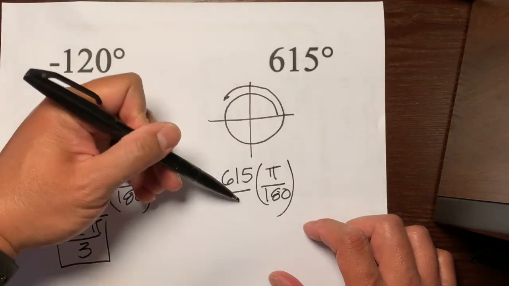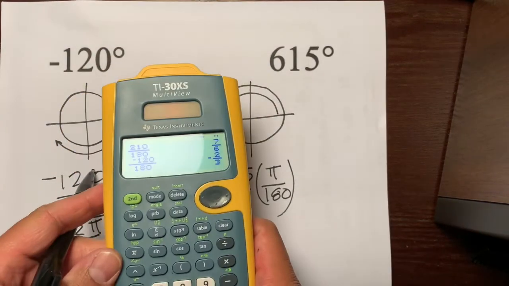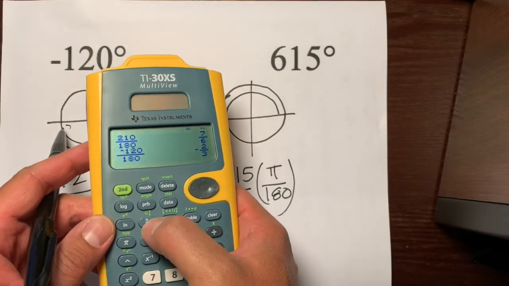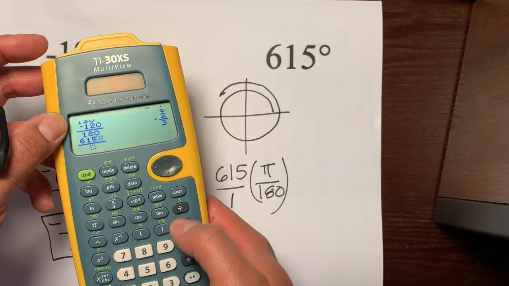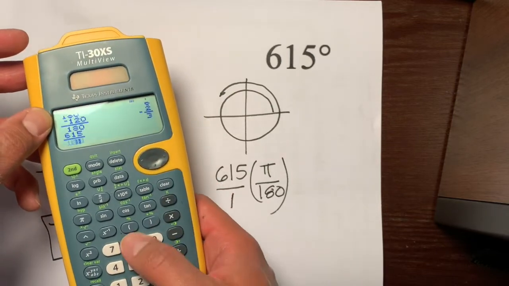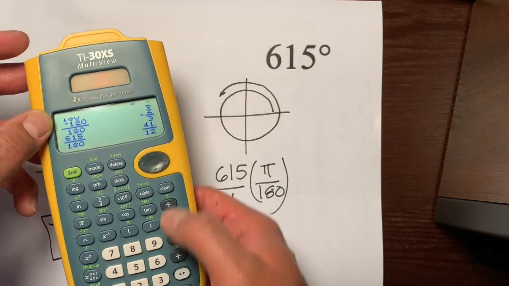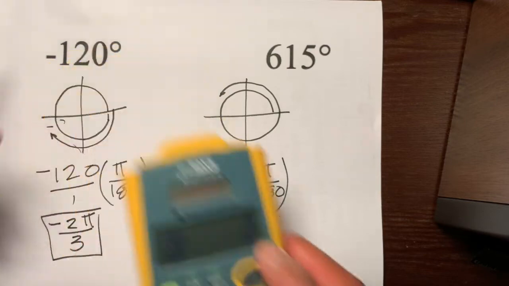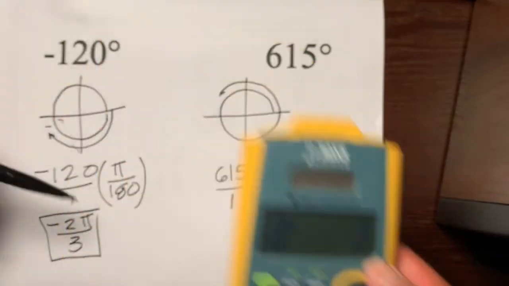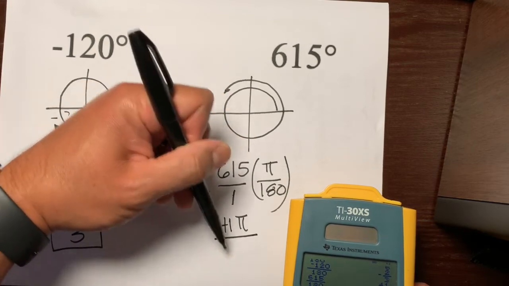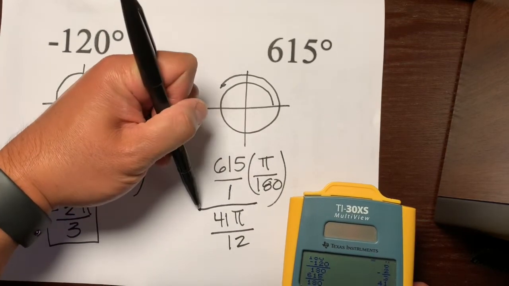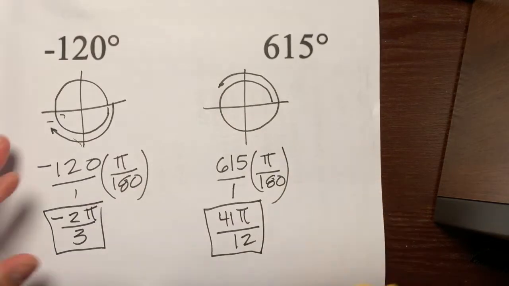We'll put a 1 under there. With your trusty calculator, you press that fraction button, type in 615 divided by 180, and that would be 41 over 12. Actually, 41 pi over 12. And there is your final answer.